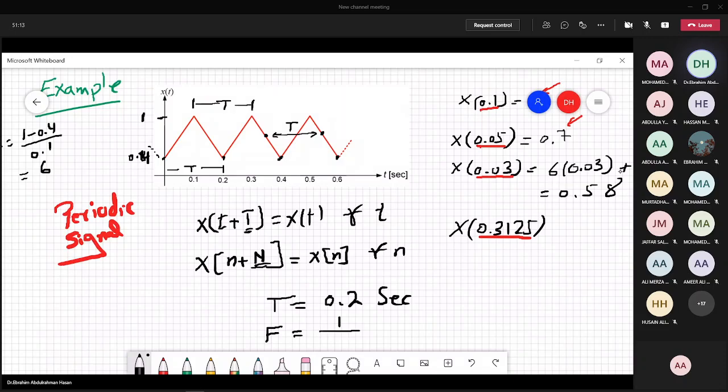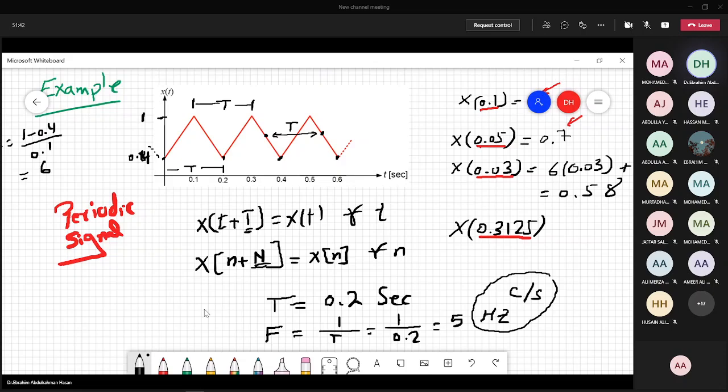What is the frequency? It is equal to 1 over T, which is 1 over 0.2, and that is equal to 5. Frequency, we measure it in hertz, or cycles per second. Same meaning. Hertz or cycles per second.